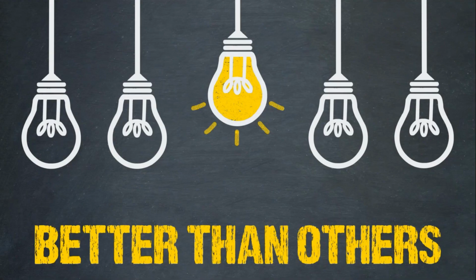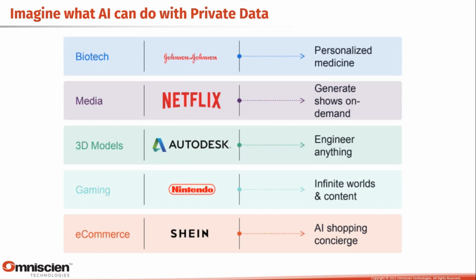Now, how do you be better than ChatGPT? ChatGPT, after all, we just saw on the charts, is the best today. Well, ChatGPT may be the best at being a generalist, right? But imagine what these things could do if they were trained on private data. Biotech with personalized medicine, media like Netflix generating shows on demand for you, 3D models from Autodesk that could generate anything you asked it to do.